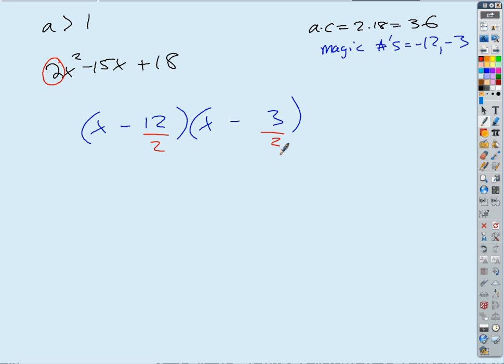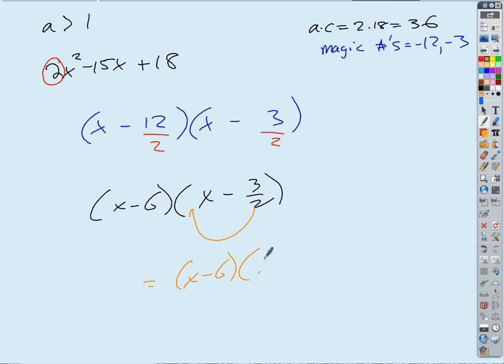And then you're going to simplify the fractions if you can, right? So this one's going to become x minus 6, and this one you're stuck with x minus 3 over 2, and then finally you go bottoms up. So if you're stuck with a fraction, the denominator gets moved up to the front, and our final answer would be x minus 6 times 2x minus 3.